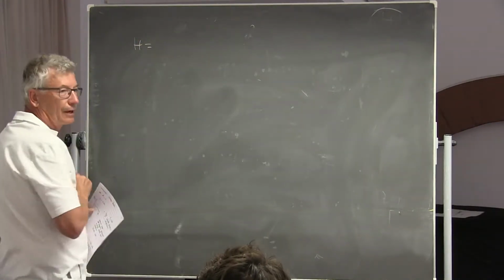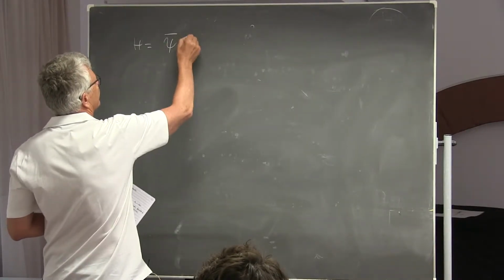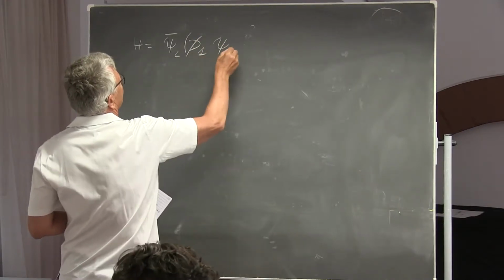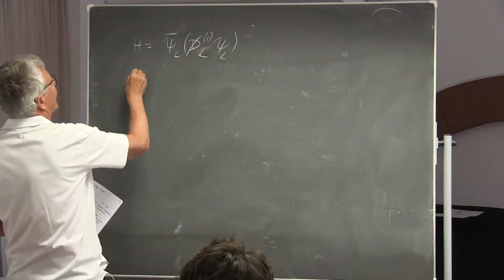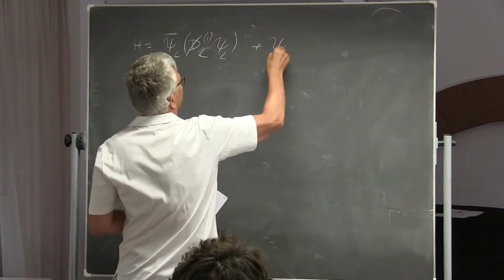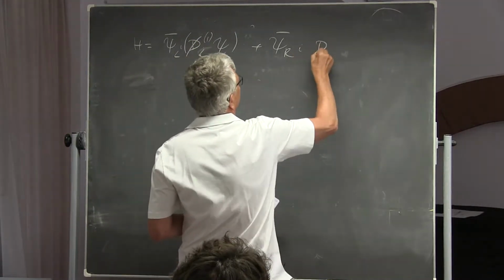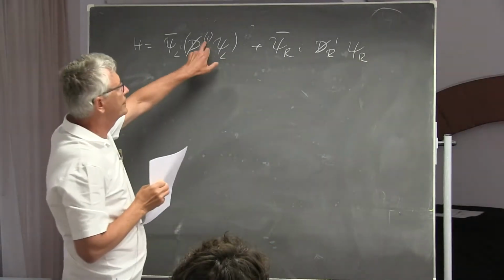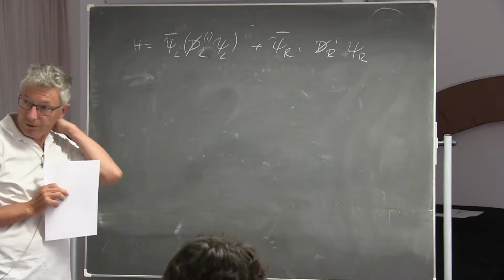So we have the Hamiltonian for fermions, which is nothing but psi-bar left i d_1 psi left, plus psi-bar right i d_1 psi right. So 1 is the Lorentz index here. Okay, so this is the Dirac Hamiltonian for our theory.